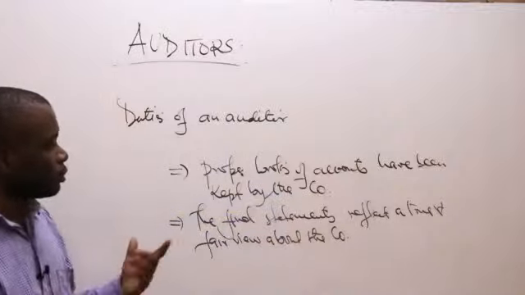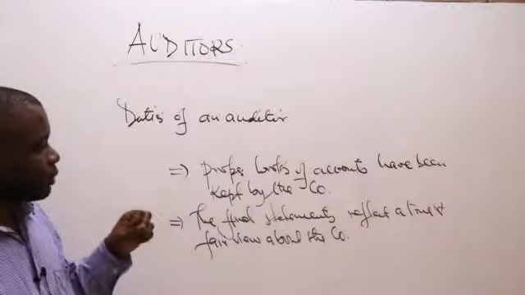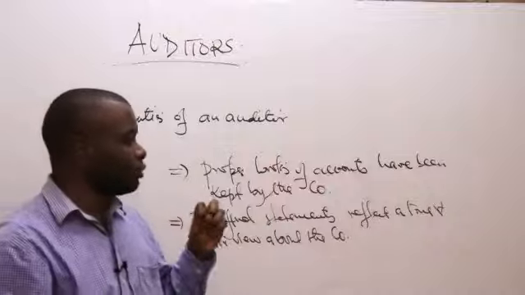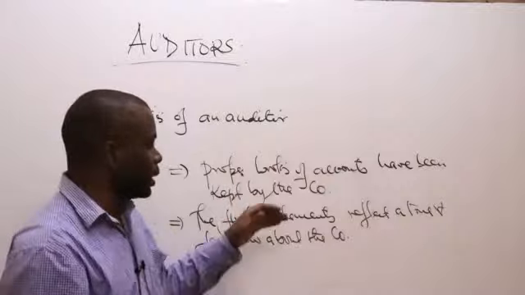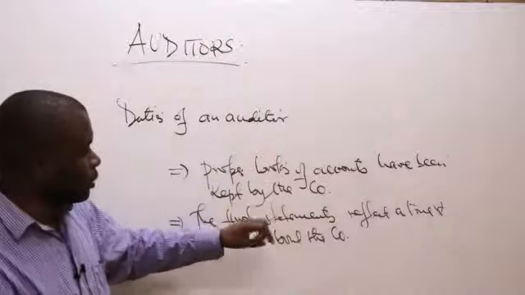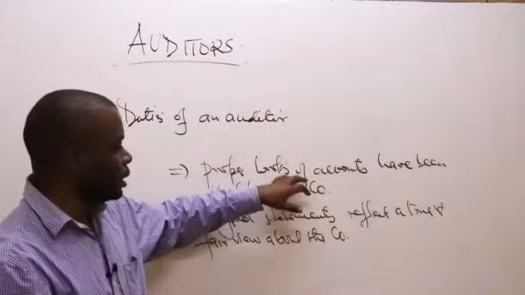When you talk about the books of accounts, it could mean the original books of entry, for example, the cash books, which have been prepared properly. The company has all the invoices properly kept. From the invoices, that's where you can now determine the final statement. So these final statements reflect a true and fair view as indicated in the books of accounts.